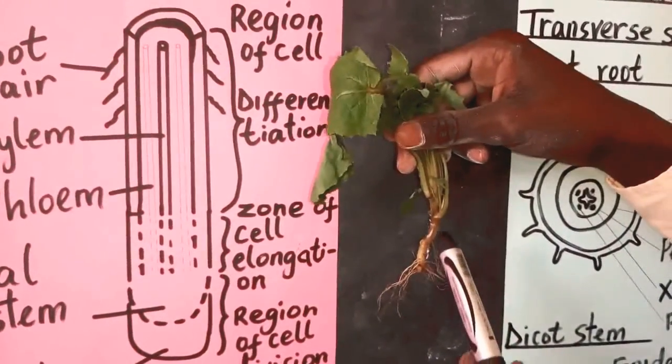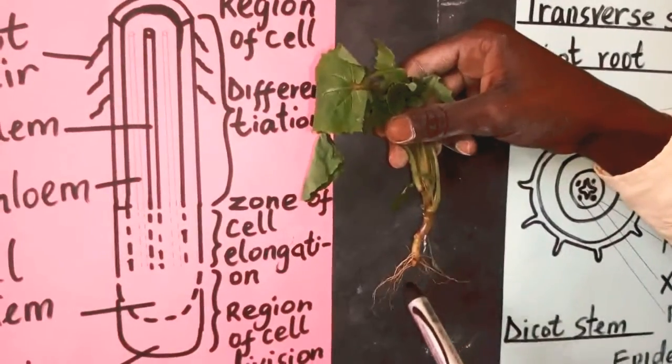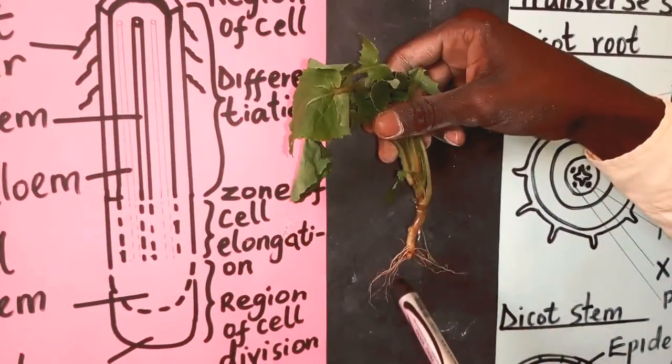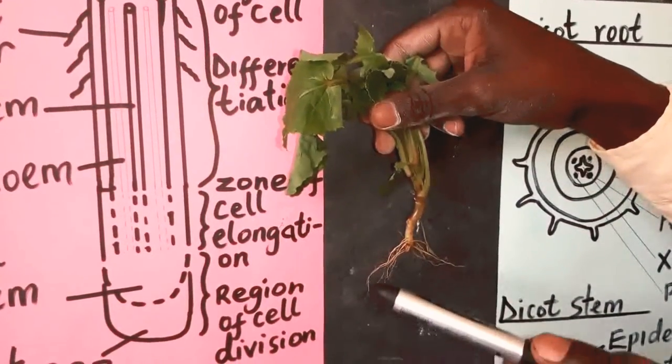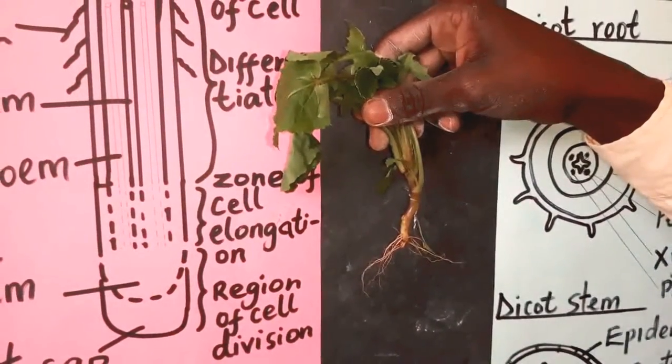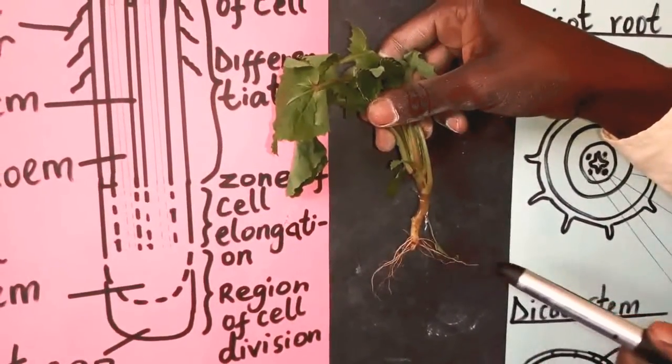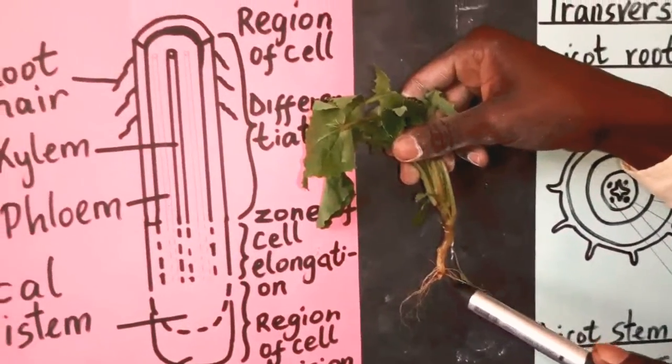If we dissect this root from top to bottom, or vertically, that one is referred to as the longitudinal section. If we cut it horizontally, or from left to right or right to left, then that one is referred to as a transverse section.